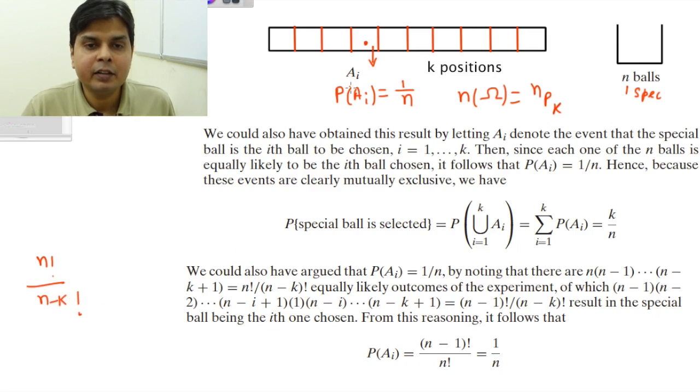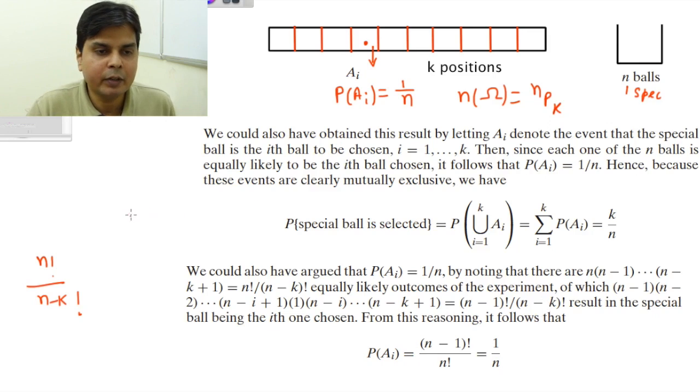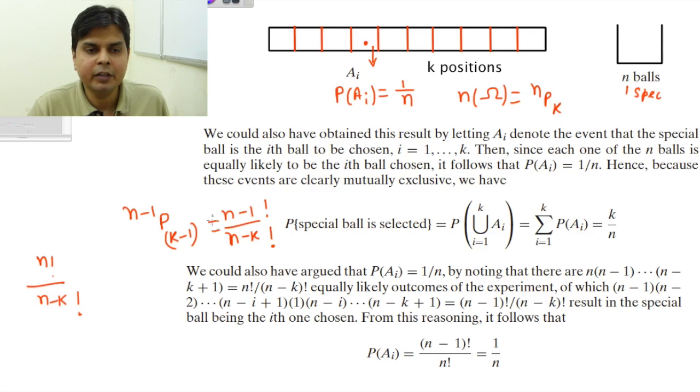Now the favorable event is that the special ball is occupying the ith position. One position is fixed, so you have got now n minus 1 balls and k minus 1 positions. So that will be n minus 1 P k minus 1, which is n minus 1 factorial divided by n minus k factorial.